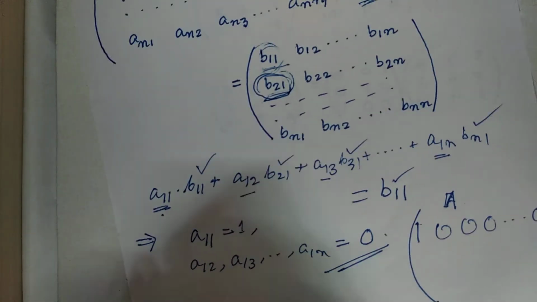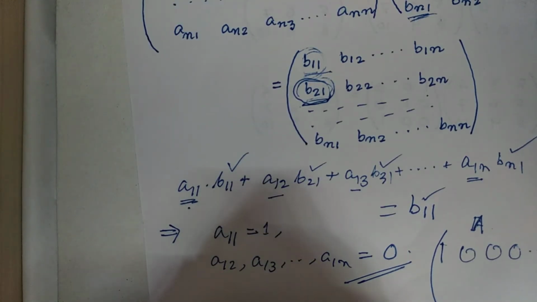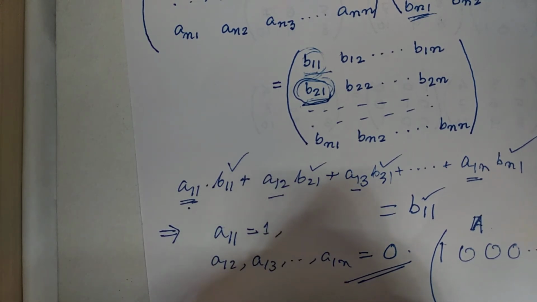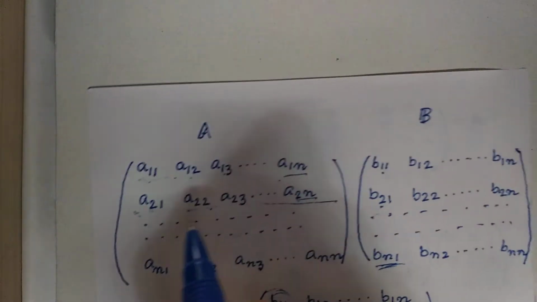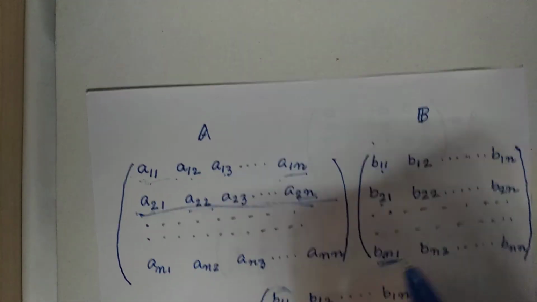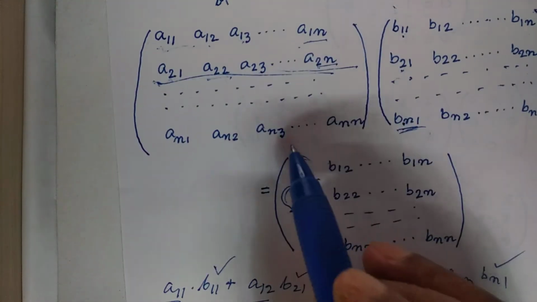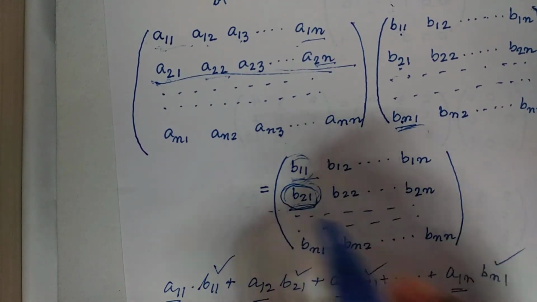We are taking second row. A21 B11 plus A22 B21 and so on up to A2n Bn1. Second row, first column. Then the result will be second row, first column, that is B21.